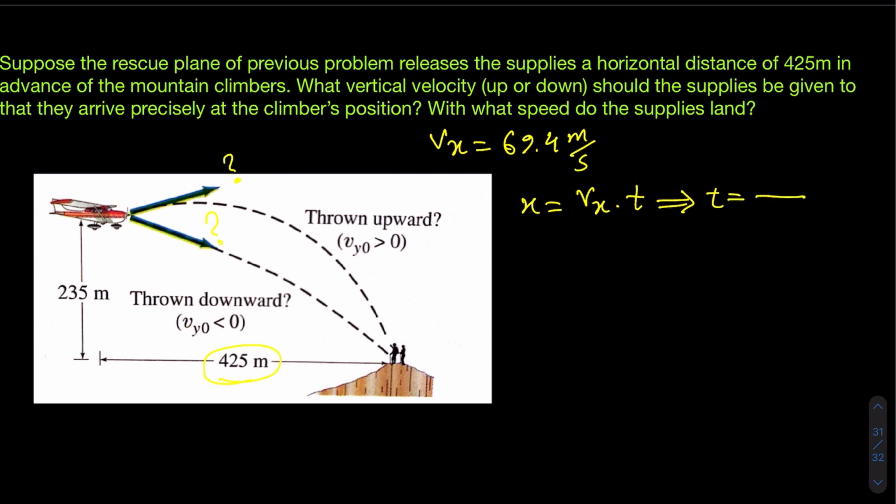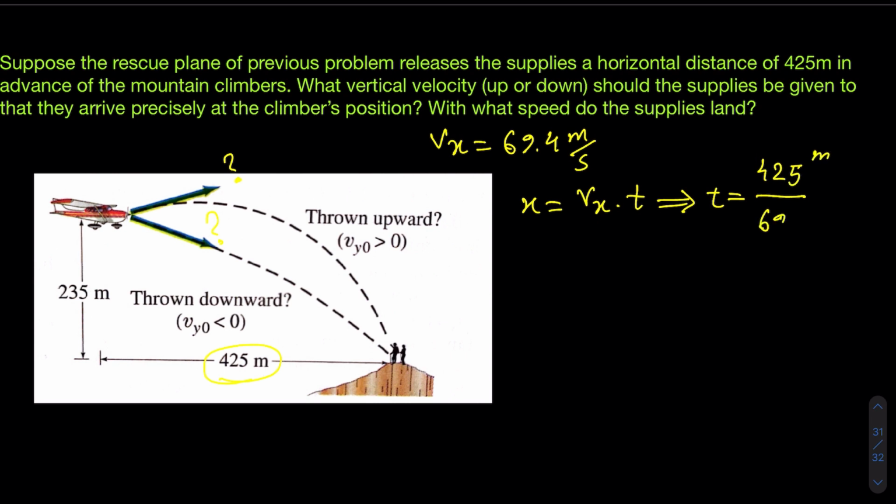T will be equal to x divided by Vx. X is 425 meters divided by 69.4 meters per second, so the answer T will be equal to 6.12 seconds.